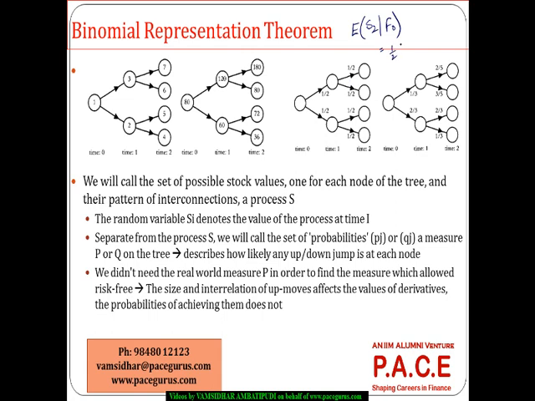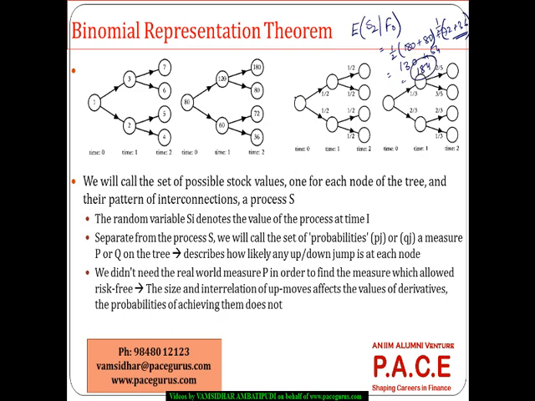Half of 180 plus 80, plus 72 plus 36. So this is half of these two plus half of these two. Overall it works out to 260 plus 108. Here it comes to 130 and here it comes to 54, which works out to 184.